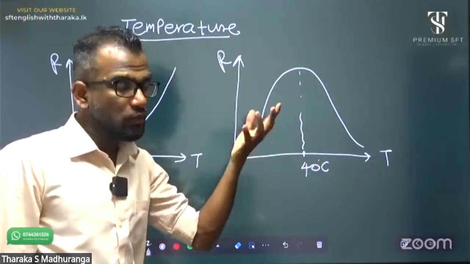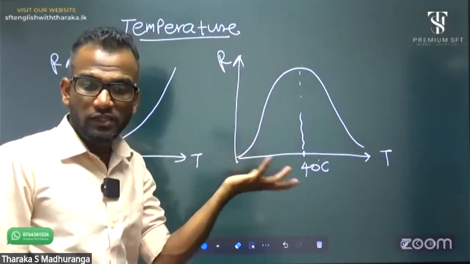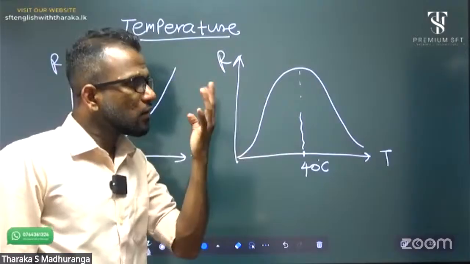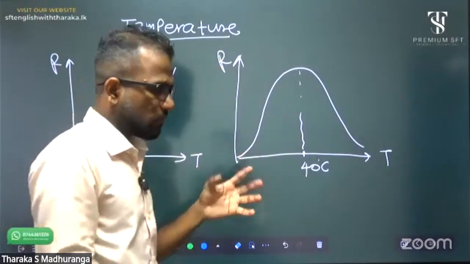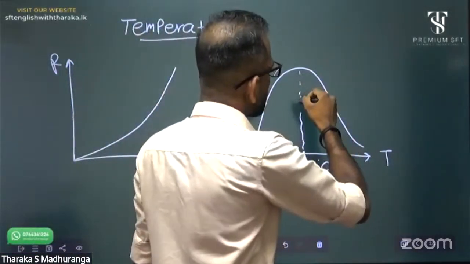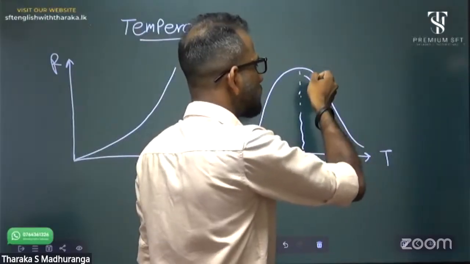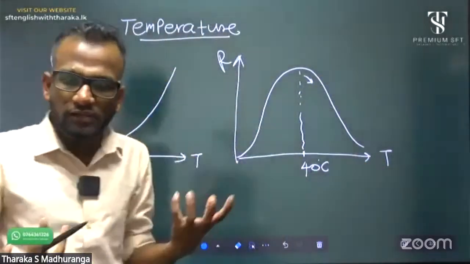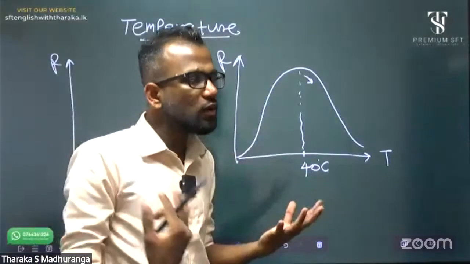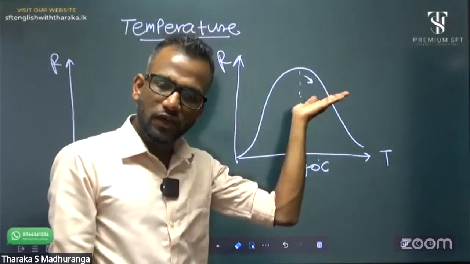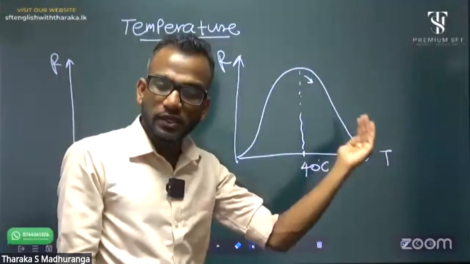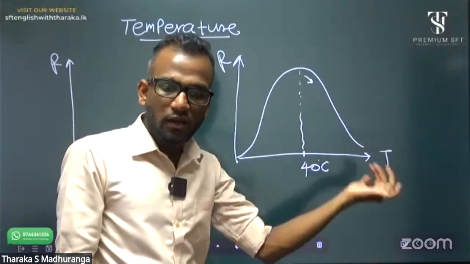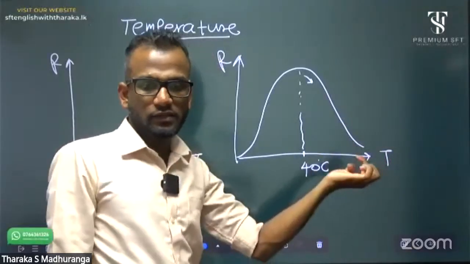Why? Due to enzymatic inactivation and system breakdown. Biological systems break down above 40 Celsius, at 41, 42, the enzymatic activities and other activities break down. That's why the biochemical rate of reaction decreases, right?